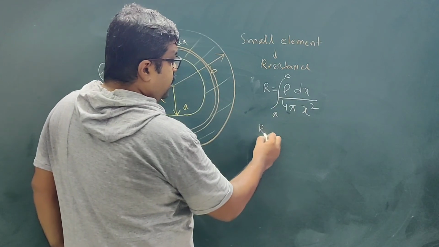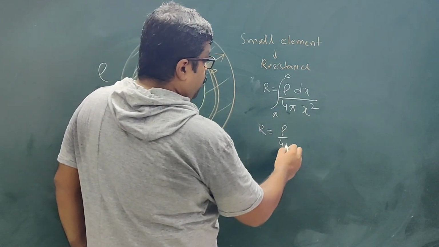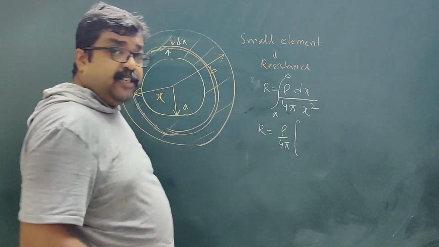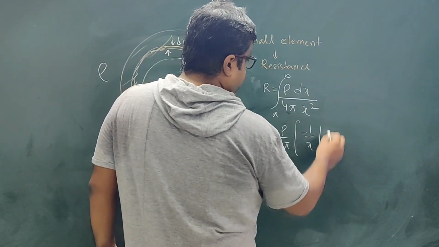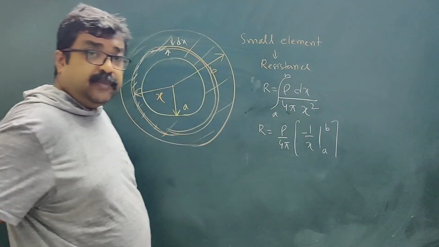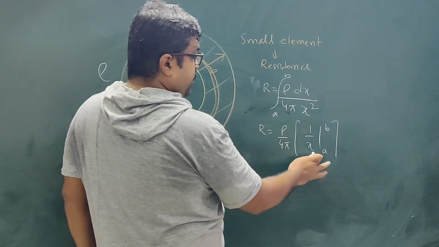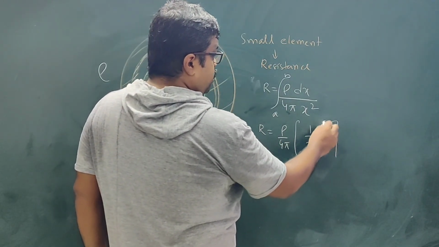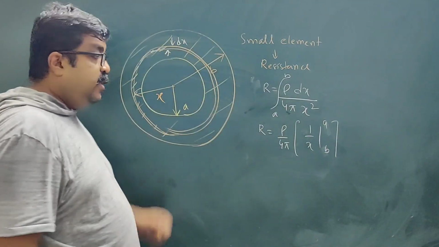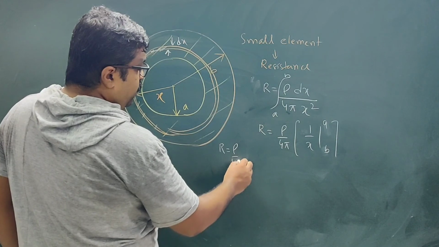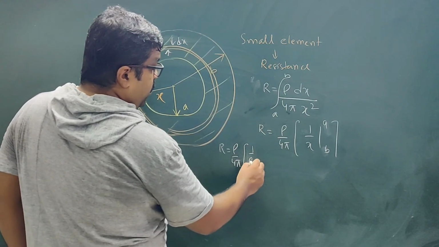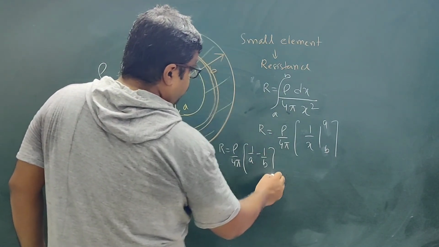So R is equal to rho by 4 pi times the integral of dx by x squared. Integrating this gives minus 1 by x, with limits a to b. If you change this minus sign, the limits will change, so this is a, this is b. So R is equal to rho by 4 pi times (1 by a minus 1 by b).